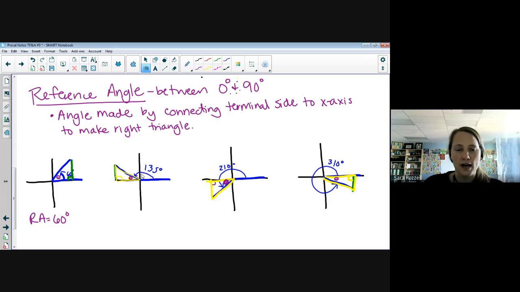So you can just say 180 minus 135, and that's going to give us 45 degrees. So our reference angle is 45 degrees. So when we are using our trig ratios, we're not going to use 135, we're going to use 45. Is 45 one of the angles we know that we've used in our special right triangles? Yep, so that's good for us.